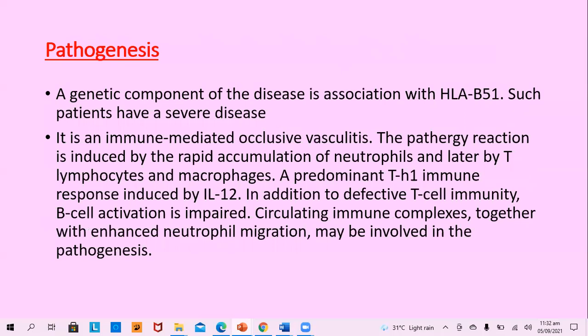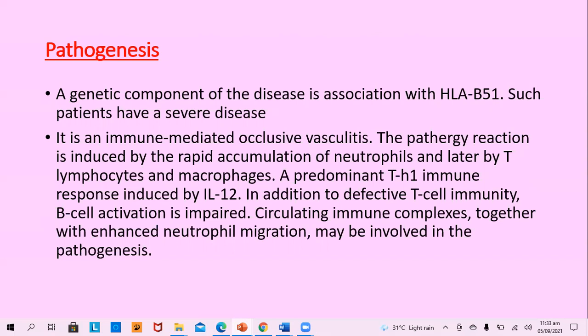Pathogenesis. A genetic component of the disease is associated with HLA-B51. Such patients usually have a severe disease. It's an immune-mediated occlusive vasculitis. The pathological reaction is induced by rapid accumulation of neutrophils and later by T lymphocytes and macrophages.